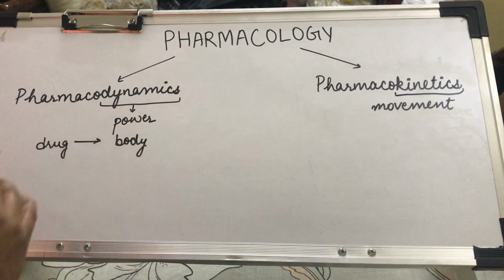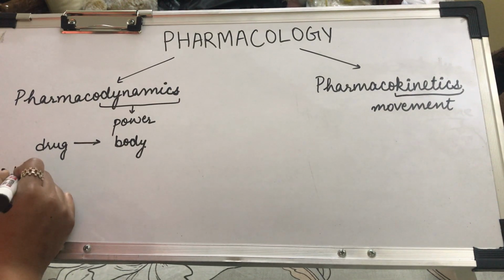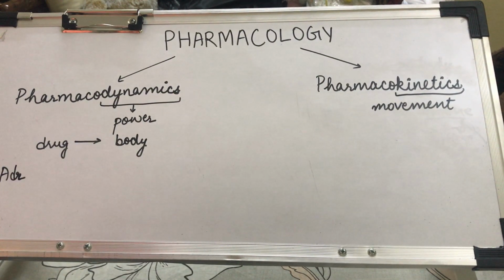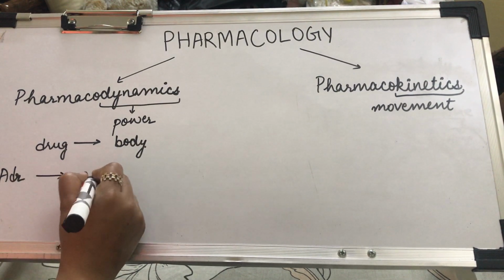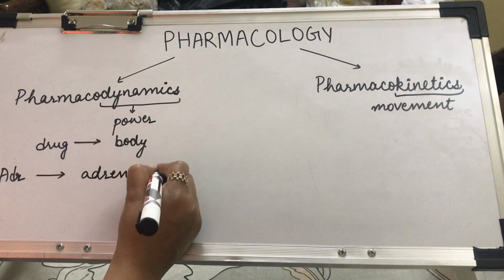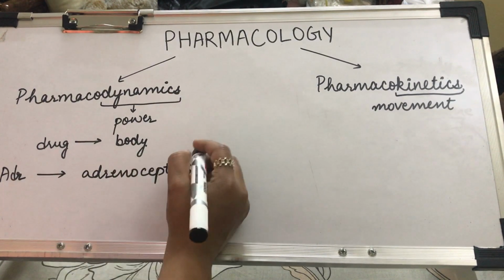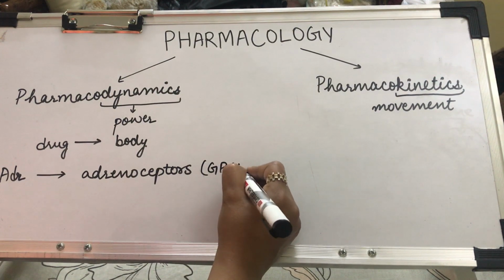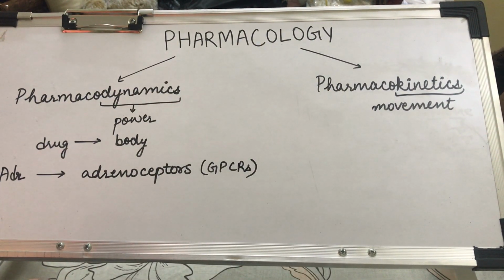For example, we are administering adrenaline exogenously. It is going to act on the adrenoreceptors, which are G protein coupled receptors, which we'll be discussing in detail.